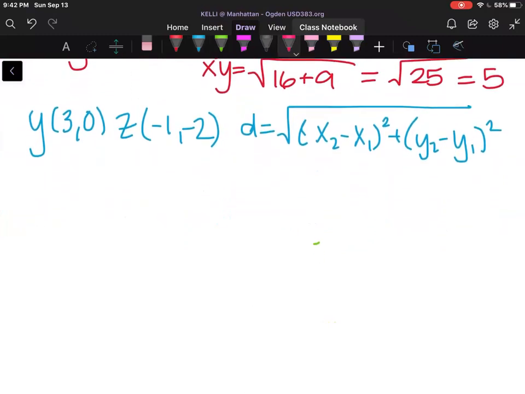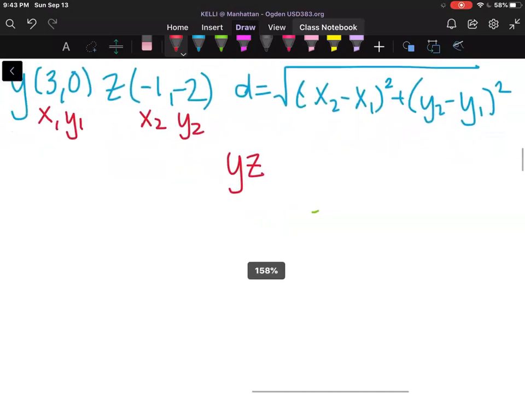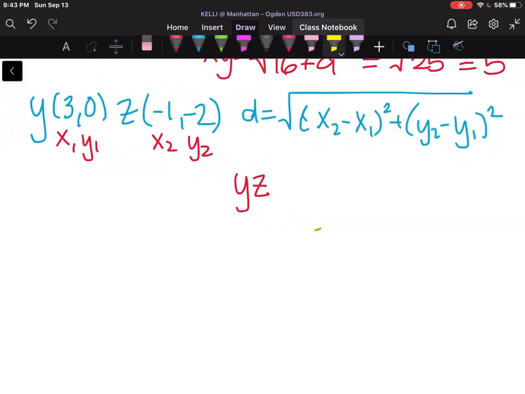So here we go. I'm going to label this again x1, y1, and x2, y2. And now it's just a matter of plugging in. So instead of D, instead of distance, I'm going to write this as YZ, because that means the length of YZ. So my first thing I need to plug in here is X2. Well, we said X2 was -1.